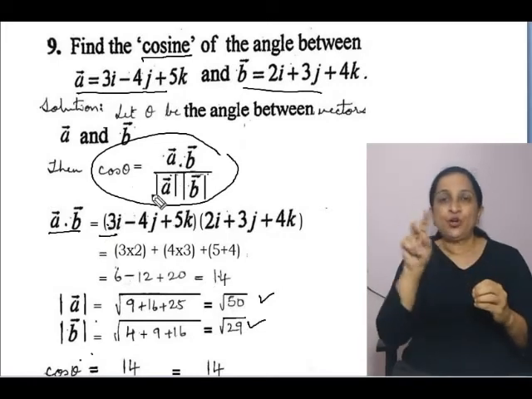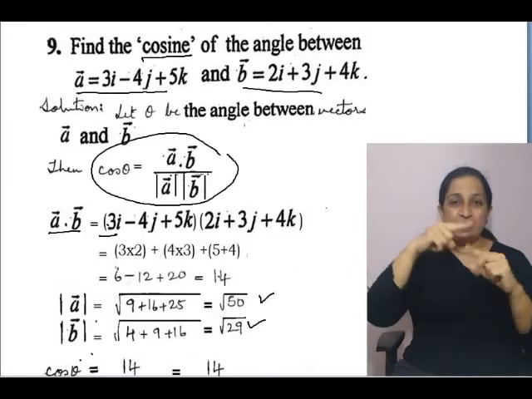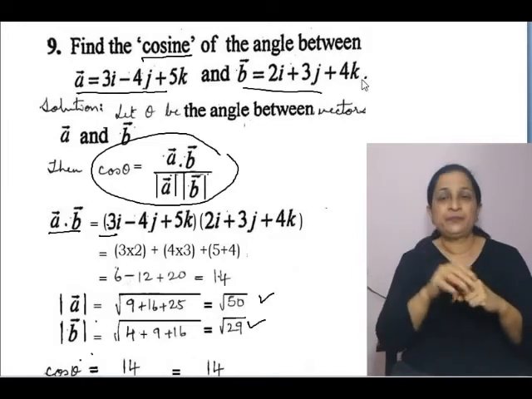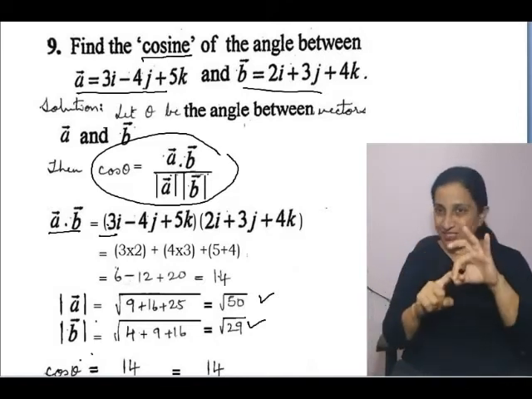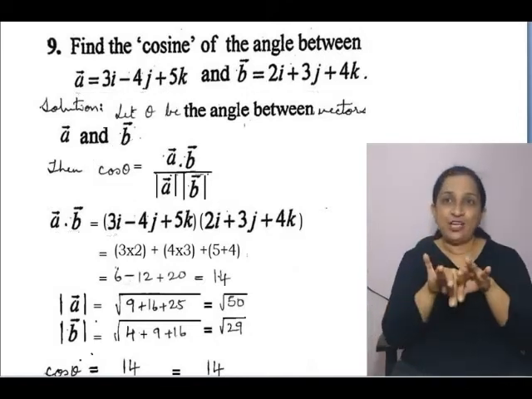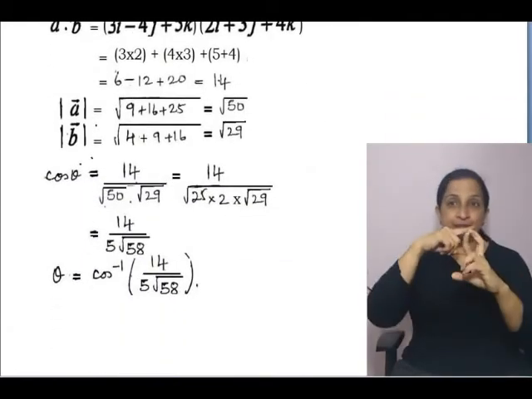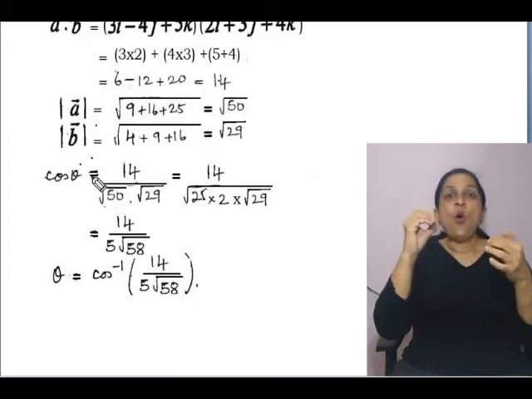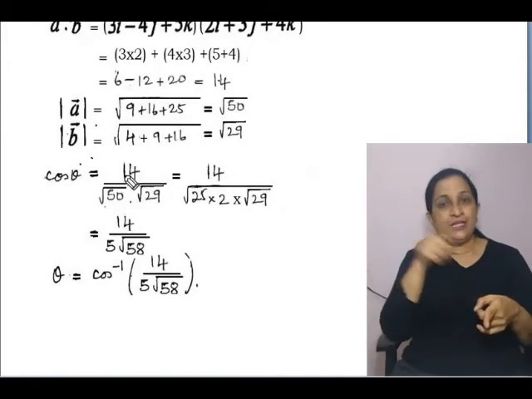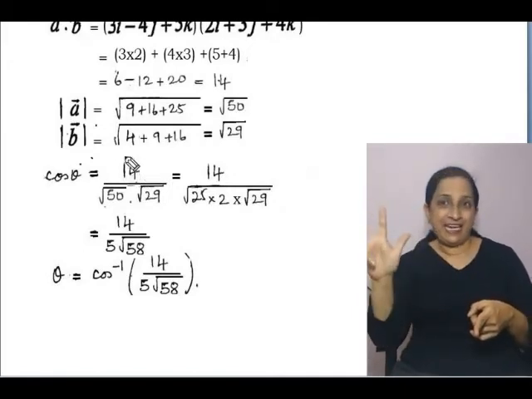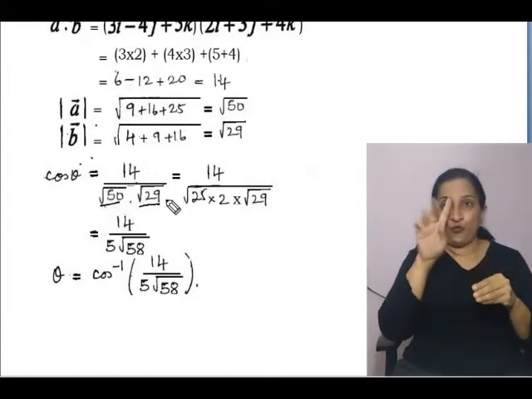So you put this value for cos theta, because they have asked for the cosine of the angle. So cosine of the angle is equal to what we have written there, that is the product of vector A and vector B divided by the modulus of these two, that is 14 divided by root 50 into root 29.